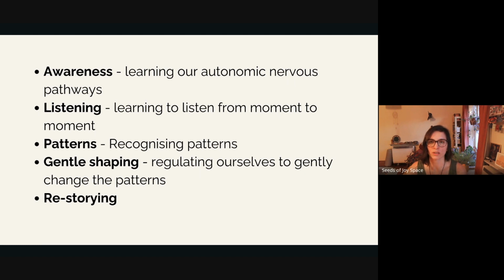And this is what I was sharing earlier on, that they are often rooted in our childhood experiences, and we are so unaware of them that yes, we can regulate ourselves or co-regulate in the moment. And this is really helpful because this is gently helping us to shape our nervous system and to gently change the patterns.